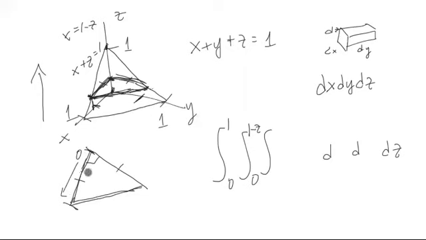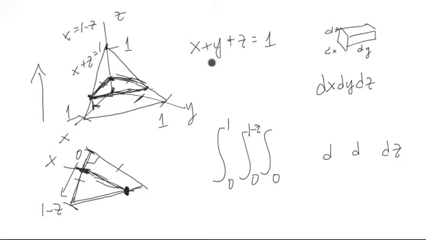Now let's pick an x coordinate on our traversal from 0 to 1 minus z. At this particular x coordinate, we need to figure out what the range of y is going to be. Here's the cross cut right here. Y looks like it's going from 0 to this point right here. Now this point is actually on the surface x plus y plus z is equal to 1.